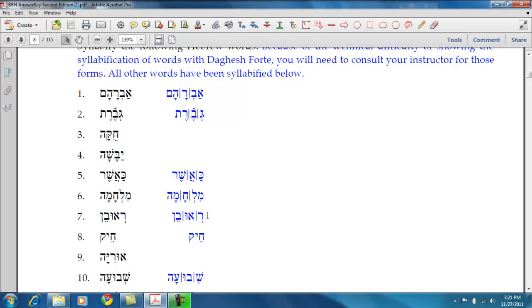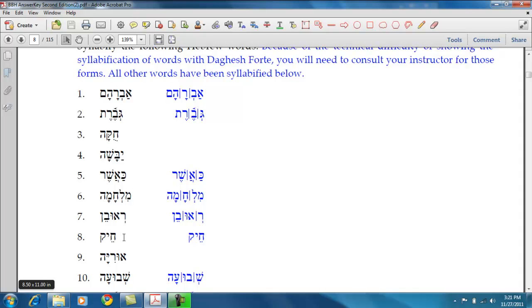And it's resh, so re. Then the next syllable starts with a consonant and the vowel u, aleph, shuruk, u, and then the next syllable starts with a vet, a tsere, and a final nun. So it's re, u, ven. That's the name for Reuben.